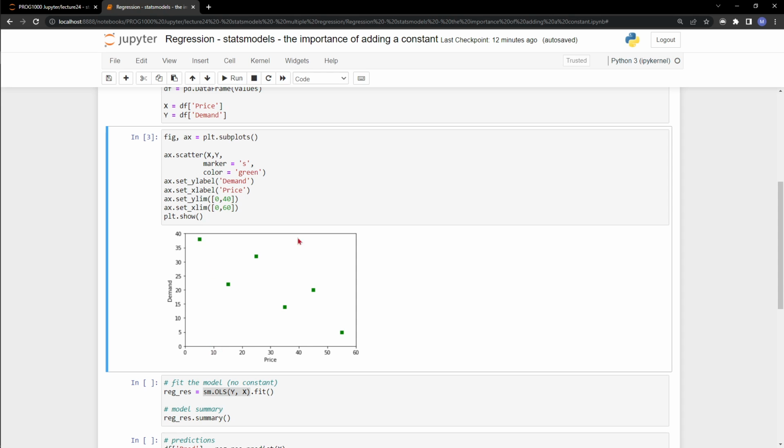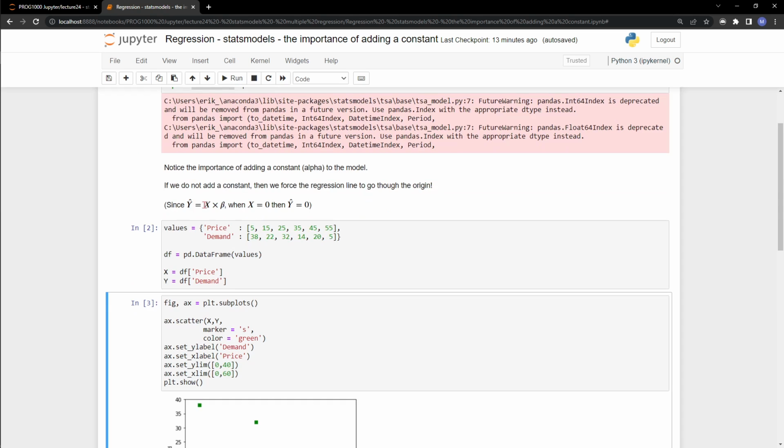But here, we want to force the regression to go through the origin, because as you saw up here, if you do not have a constant term, then for any x, in this case price, y would be forced to be 0, which is demand.